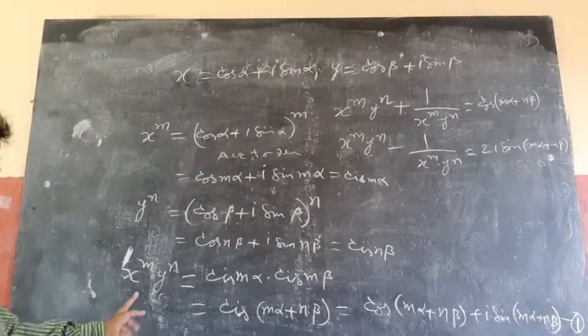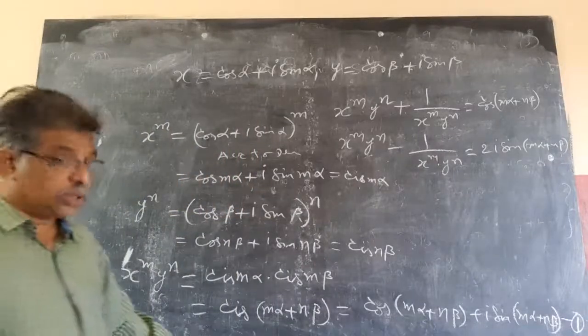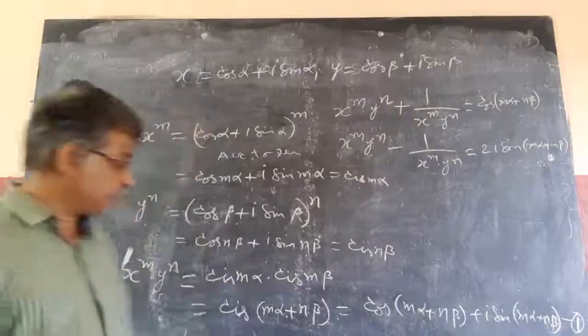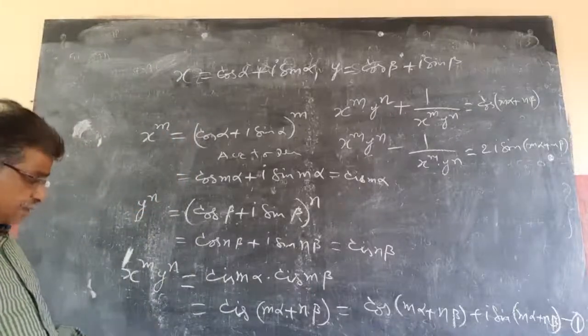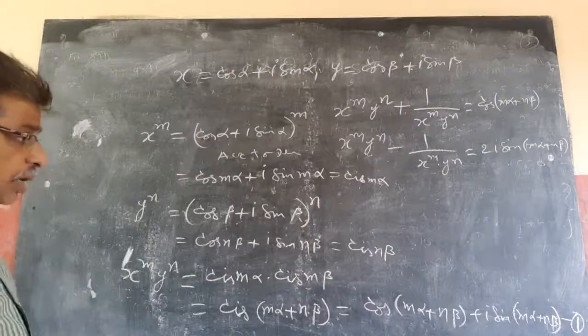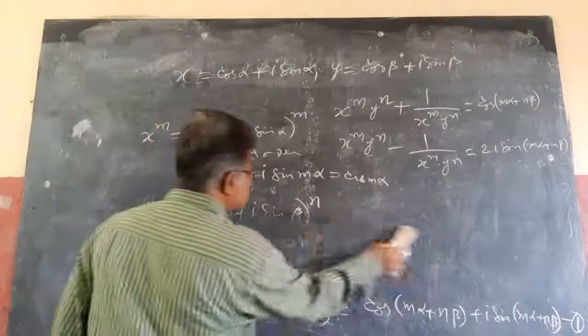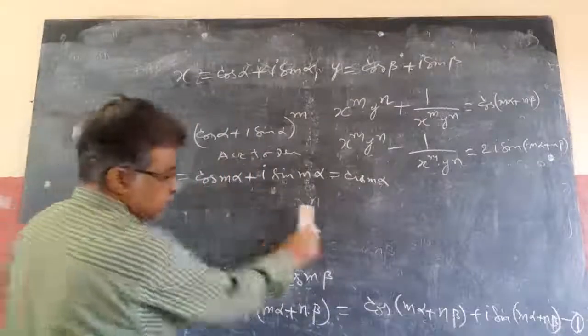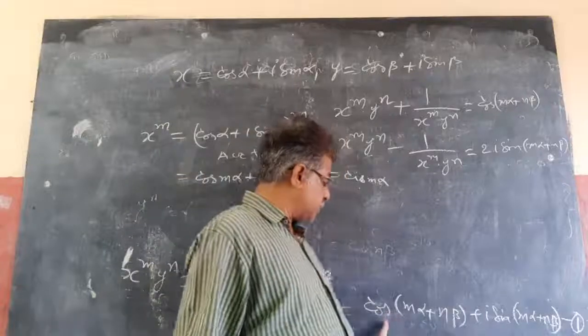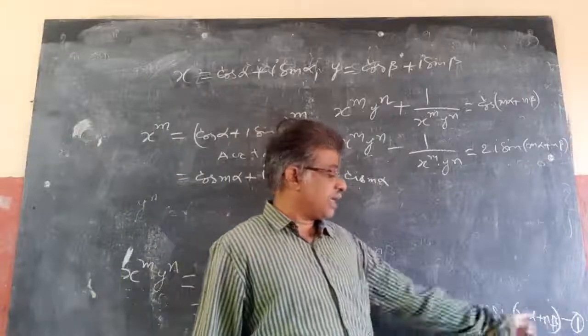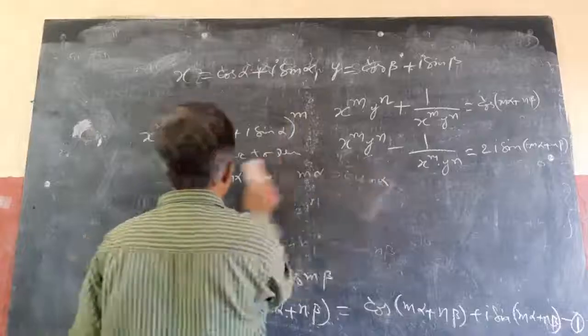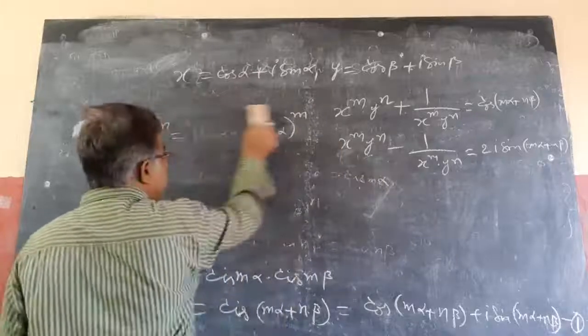Now I need the reciprocal of this. This is in cis form, so 1 by x power m into y power n gives me cis of minus theta, that means cos of m alpha plus n beta minus i sin of m alpha plus n beta. We already did that, we will do it once again.